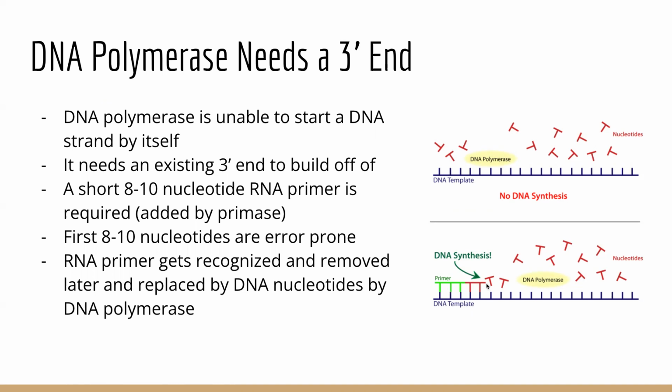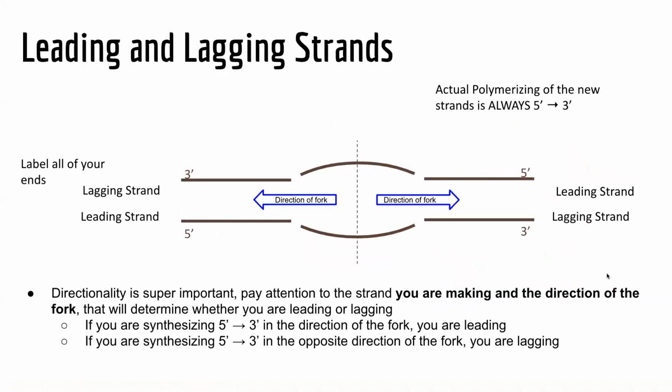But as we'll see, because of the way the origin of replication opens in one direction, it's not going to be able to continue on like this if it's not opening in that direction, which leads to a leading and lagging strand. For a lot of your problems, you're going to have to label the 5' and 3' ends.